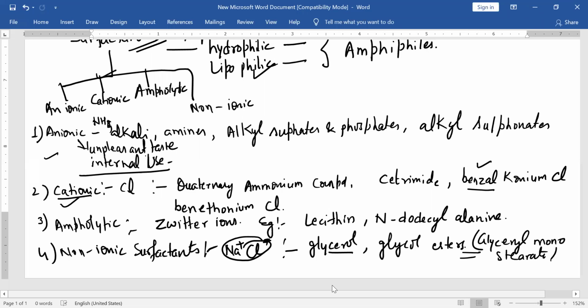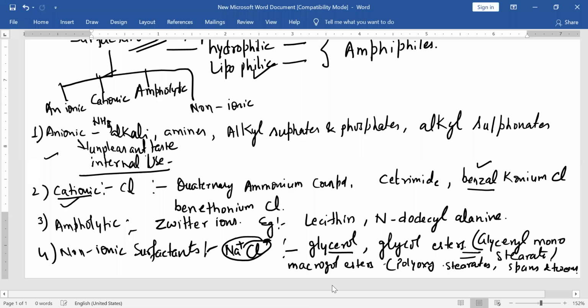The second example is macrogol esters, polyoxystearates, spans, and tweens.